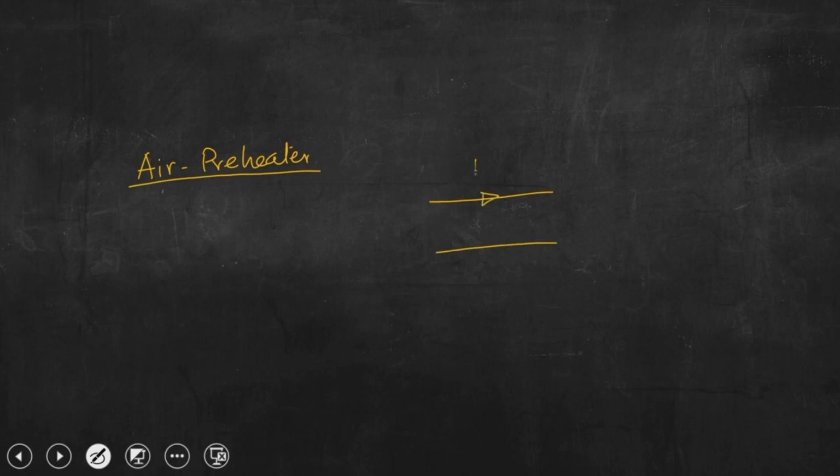So, this is hot flue gas and this is air. The temperature from the hot flue gas will be utilized to increase the temperature of air, so that the heated air can now be taken for the combustion of coal. Using this process, the combustion efficiency will be increased.